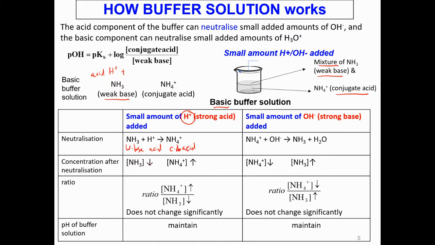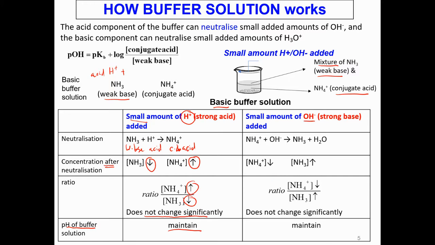Because ammonia is the reactant, the ammonia concentration decreases after neutralization and the conjugate acid increases. Thus, the ratio does not change significantly. So the pH of the buffer solution is maintained even after a small amount of strong acid is added to the basic buffer solution.